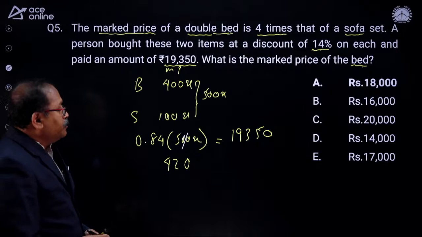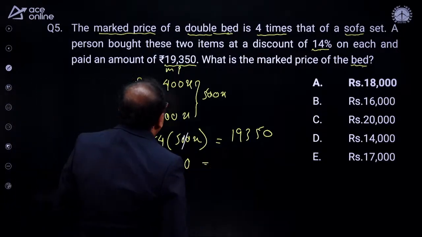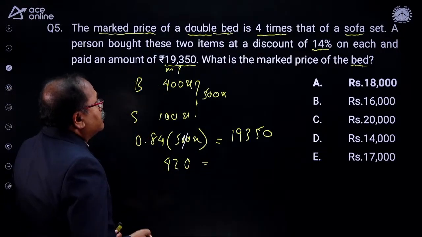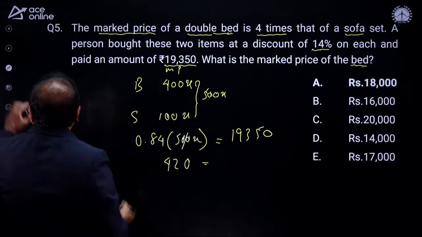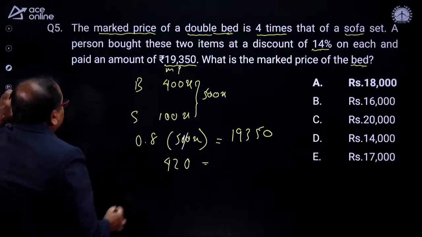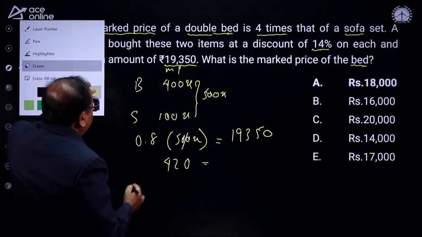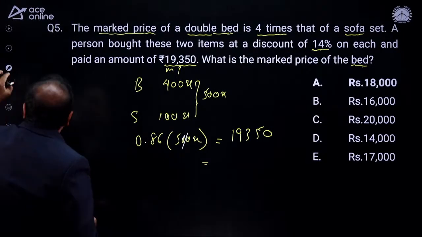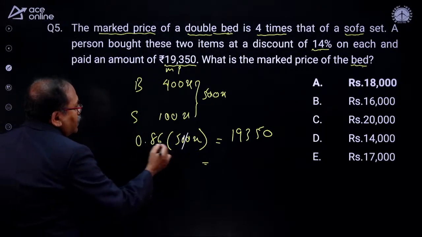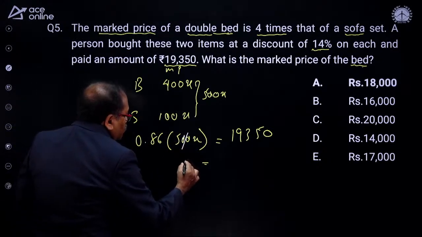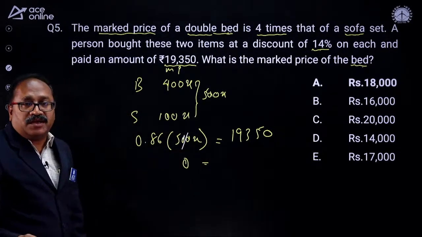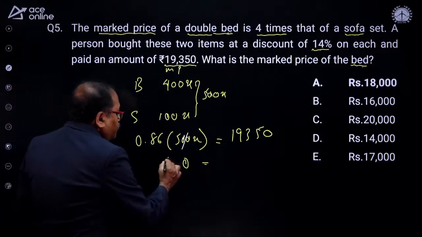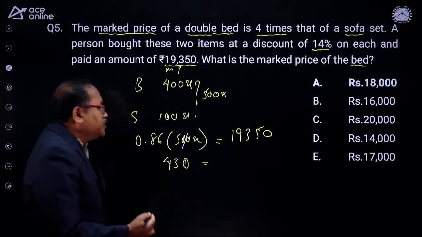Yes, it must be coming, which is equal to, this is 14%, so this should be 86%. If it is 86%, then this number will also change. How much will that be? That is 0. 5 6 is 30, carry 3, and 5 8 is 40 plus 3 is 43.